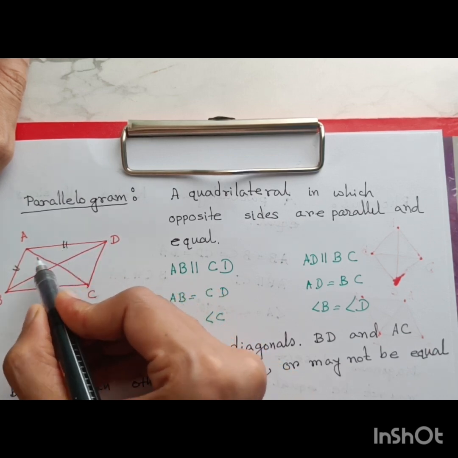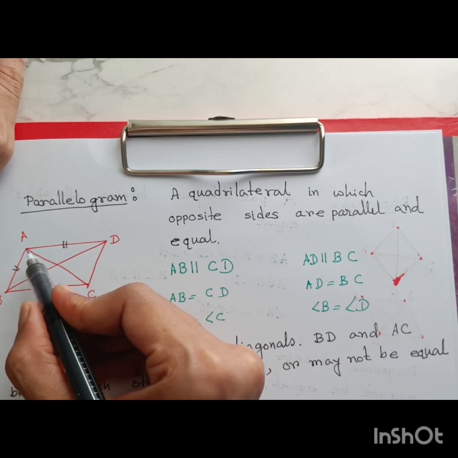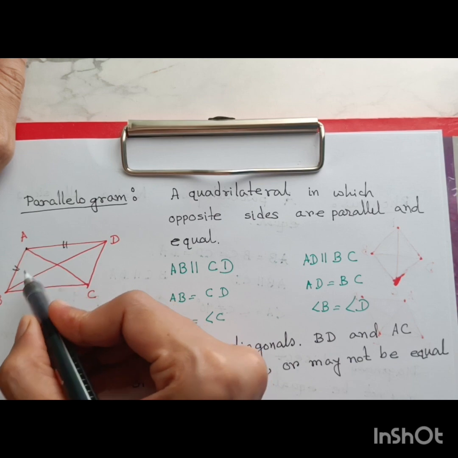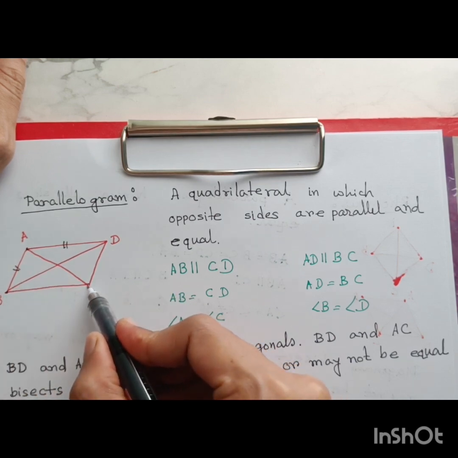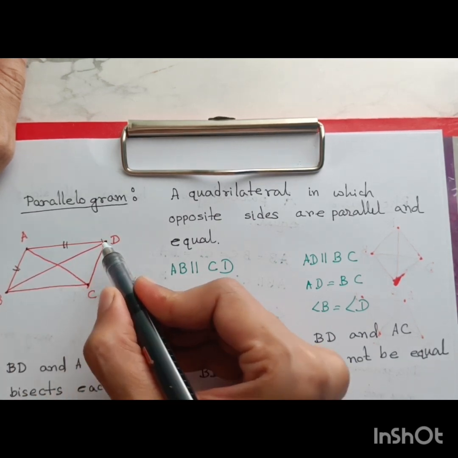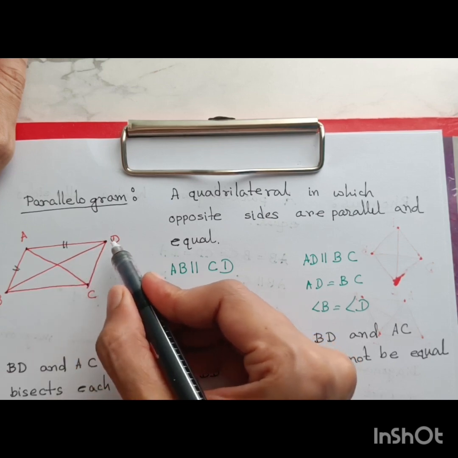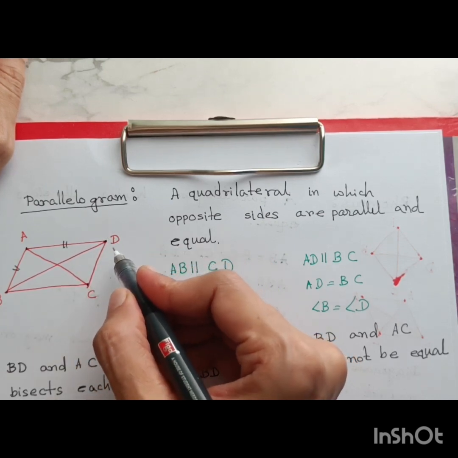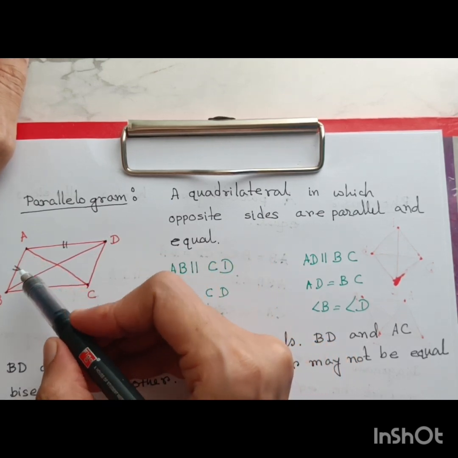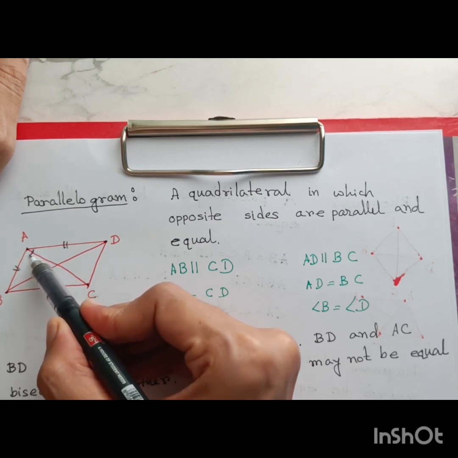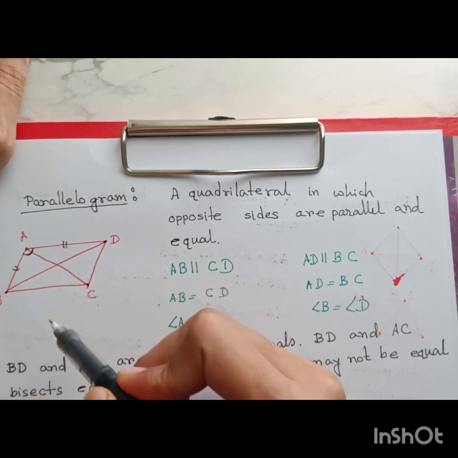The two lines meet at a point A. A is called a vertex. Here are four vertices, that means 4 points where two lines are intersecting. And here is the angle, angle A.